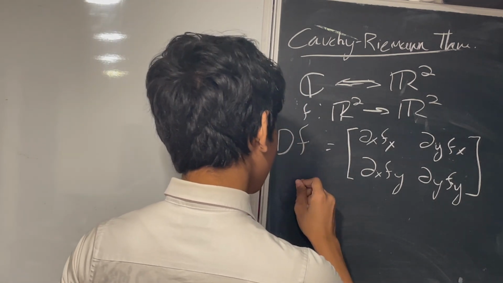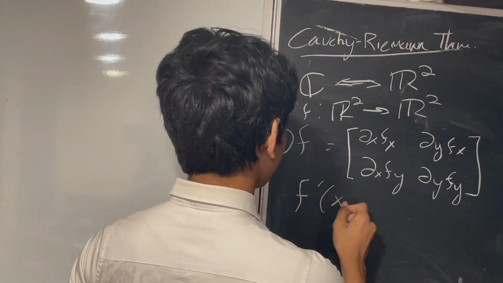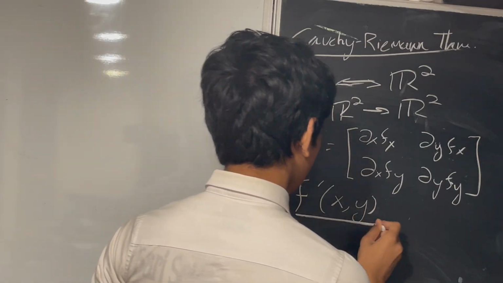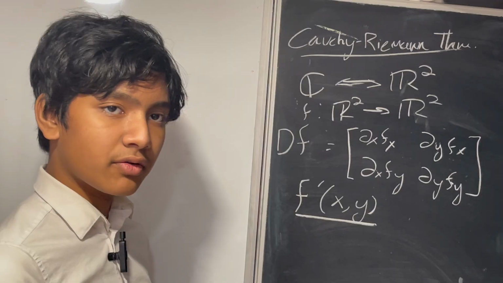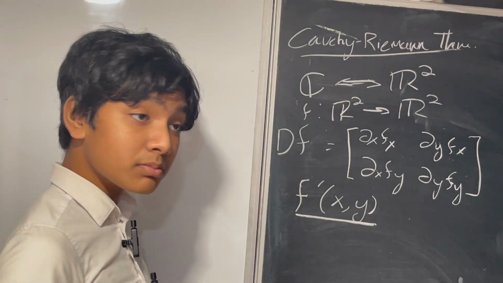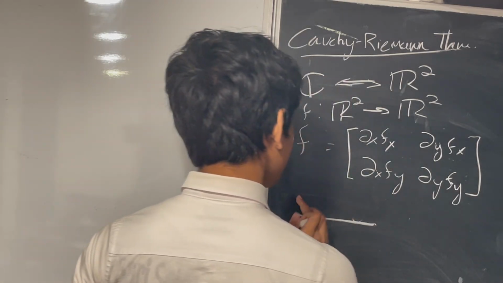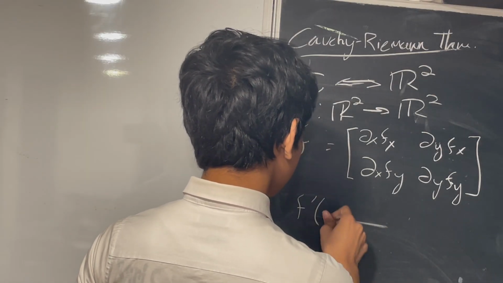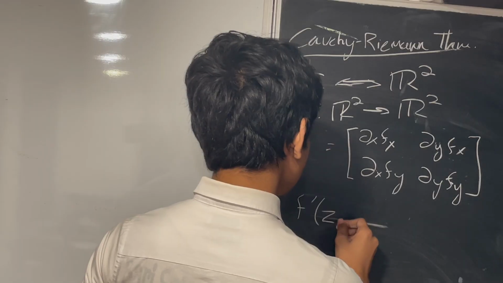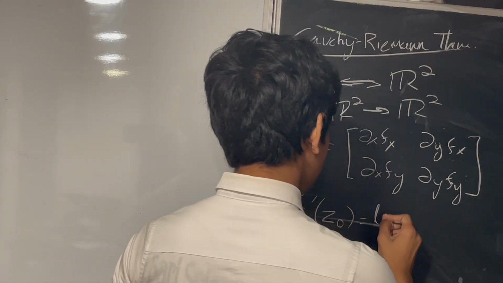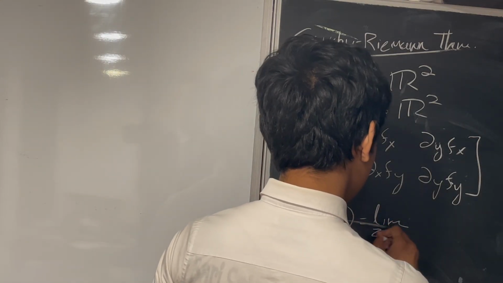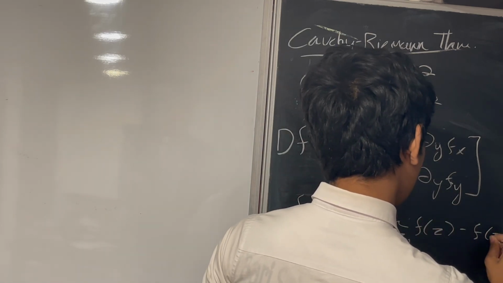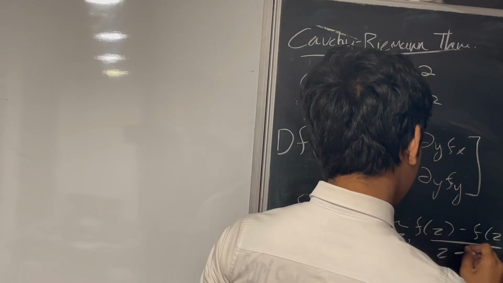And you can't define a universal derivative that exists for any partial differentiable function for a two-variable function. But in complex analysis, these things become a whole lot nicer. Recall that we can actually assign meaning to the expression f prime of z naught by setting it equal to the limit as z approaches z naught of f of z minus f of z naught over z minus z naught.